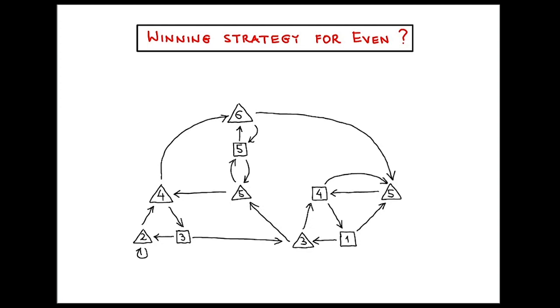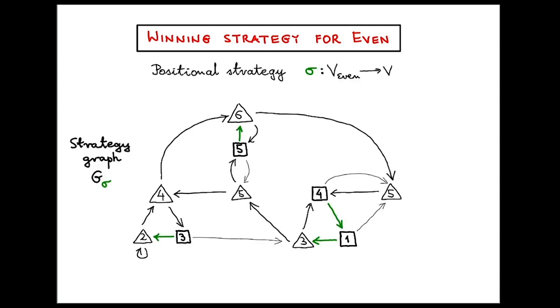Perhaps it may take a bit of time for you to figure out whether even has a winning strategy in this game or not, and if so, from which vertices the answer is yes, and from which vertices the answer is no. I'd like to now help you and convince you that in fact, even in this parity game with 10 positions has a winning strategy from every starting vertex.